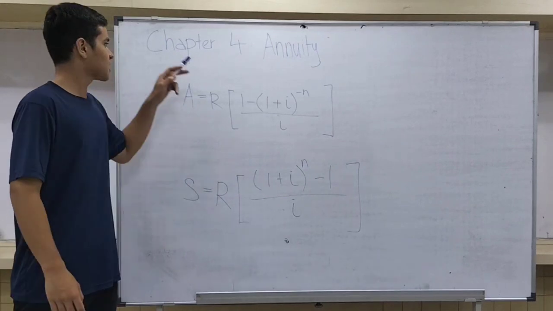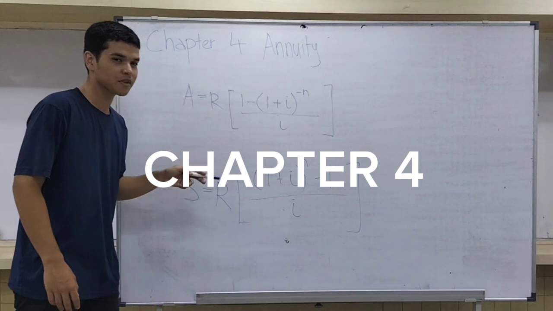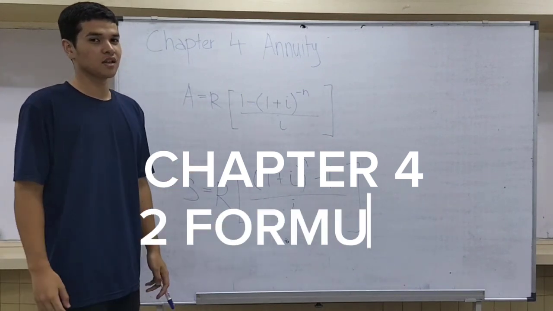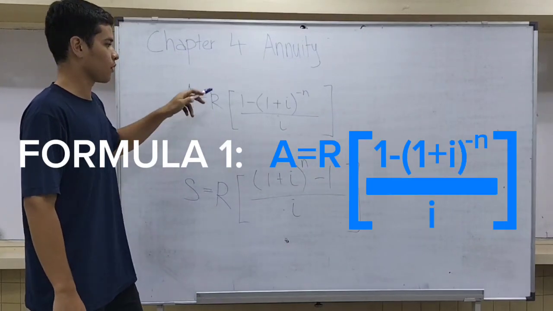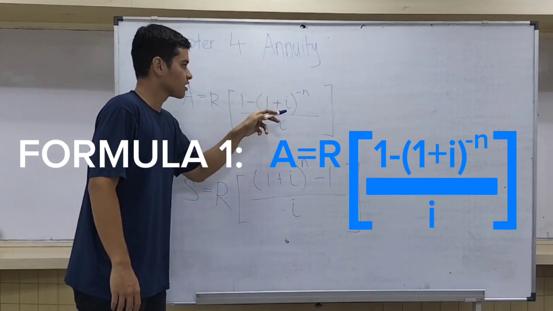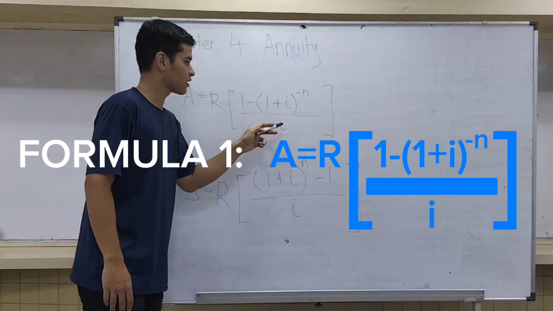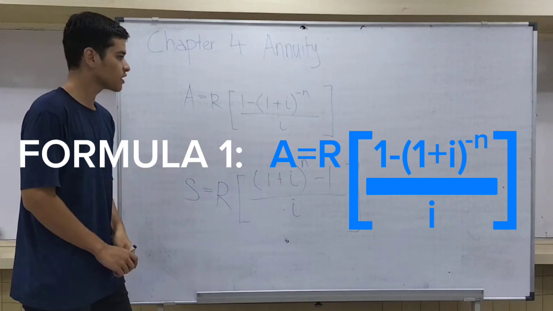Thank you. The next one is chapter 4, which is annuity. So for this chapter, there will also be two formulas. That is A equal to R[1 - (1 + i)^-n] per i. When will we use this formula?